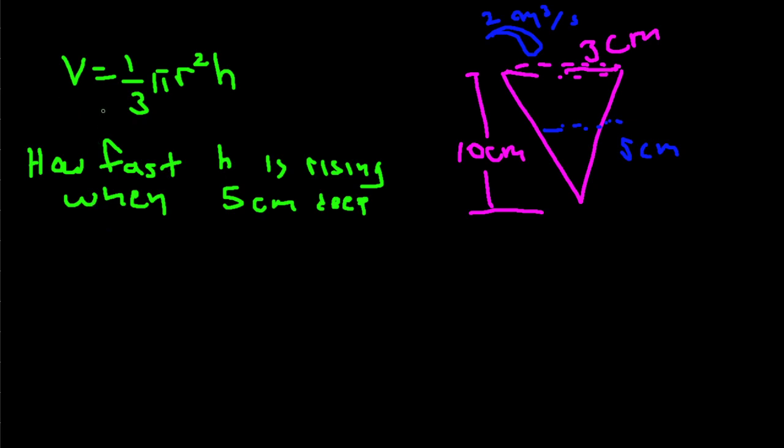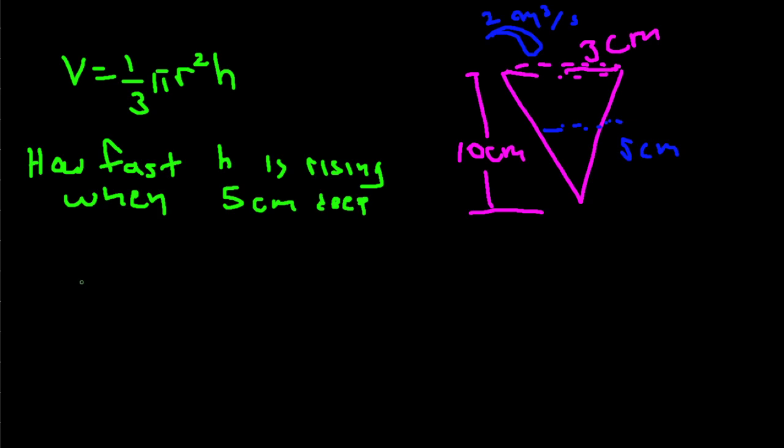We're going to have to differentiate with respect to time rather than with respect to height or radius, because the independent variable is time here. That's the one where we're pouring water at a rate of 2 cubic centimeters per second.